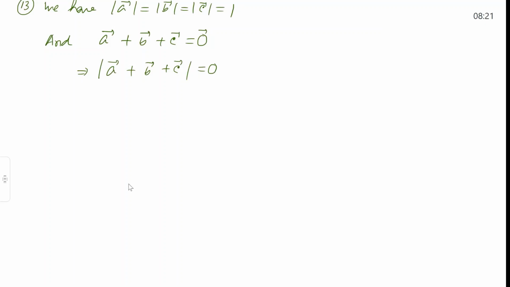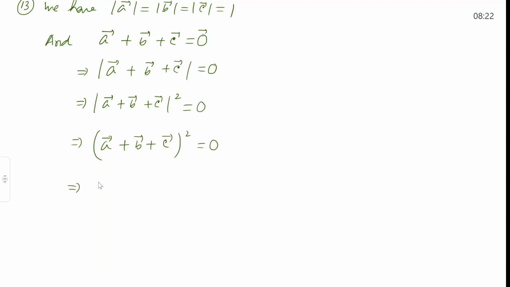Then we can take squares on both sides. So this implies mod of A bar plus B bar plus C bar squared is equal to the right hand side, 0 squared, which is obviously 0. This can be written as a simple whole square term equal to 0.